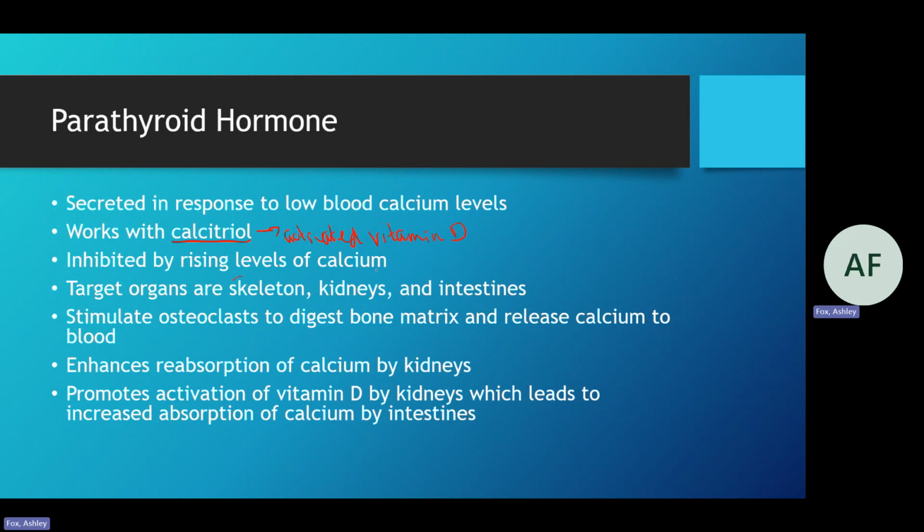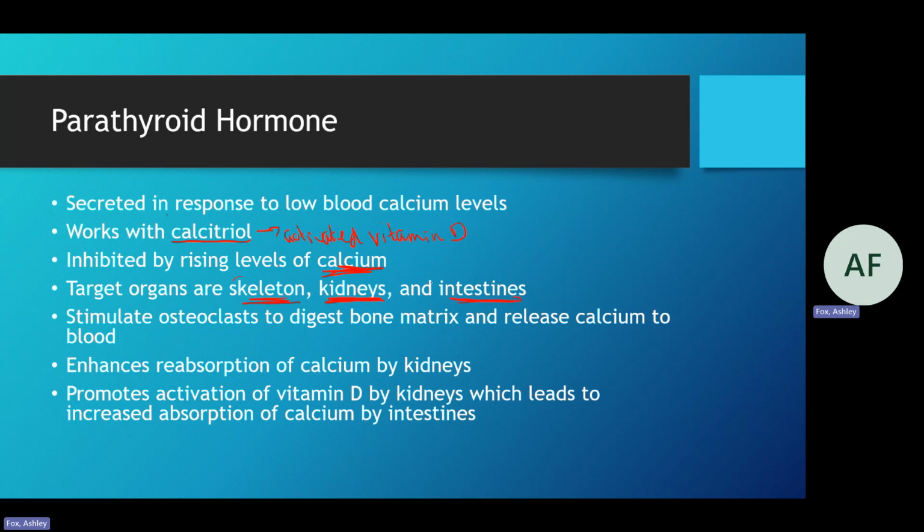Parathyroid hormone, if you're going back to normal levels of calcium, so you've responded to the low levels and you're back to normal, well, then you're going to stop releasing parathyroid hormone. Again, skeleton, so we're going to break down bone. We're going to increase its reabsorption in the kidneys and increase its absorption in the intestines.